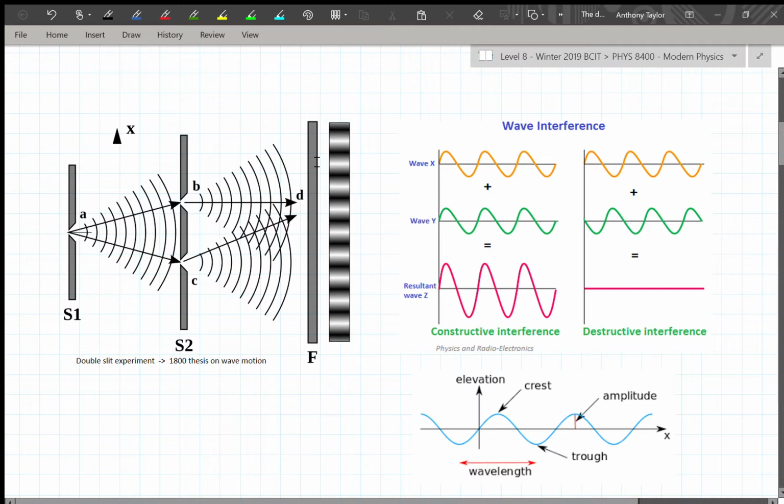And so the result is bright spots and dark spots. And so if you've got light coming in, a dark spot is where you have destructive interference, and a light spot is where you have constructive interference. And that's a pretty good indication that you've got a wave-like behavior.